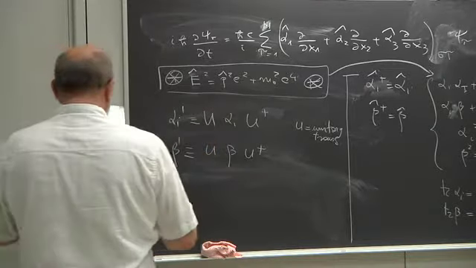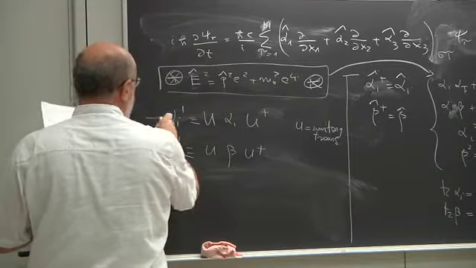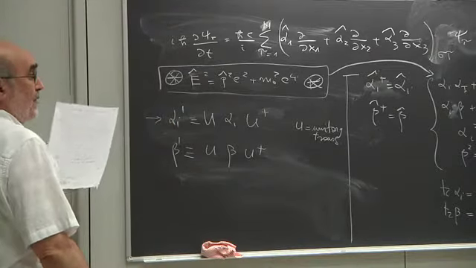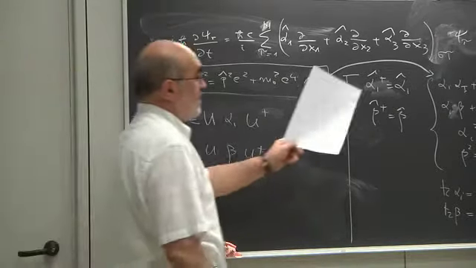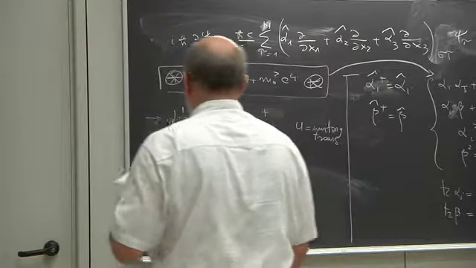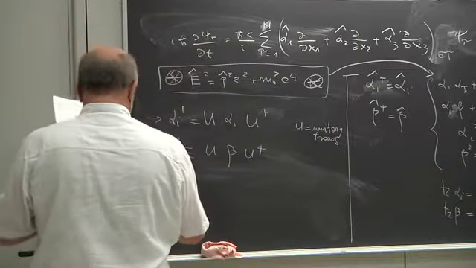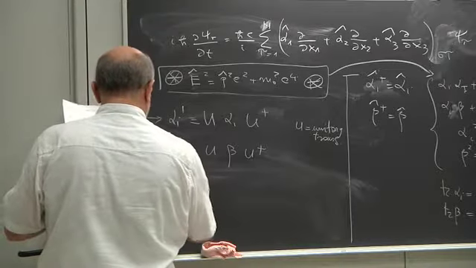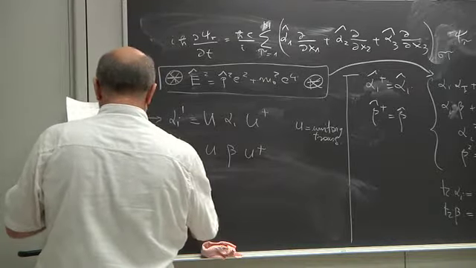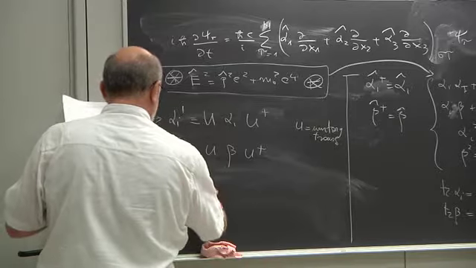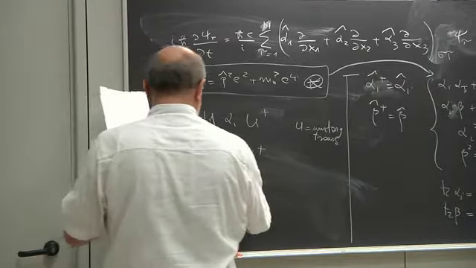Let's take, for example, the first one. Let's see if this unitary transformation satisfies the first anticommutation relation. Well, you have the following: alpha_i prime alpha_j prime plus alpha_j prime alpha_i prime. Let's see what they are equal to.